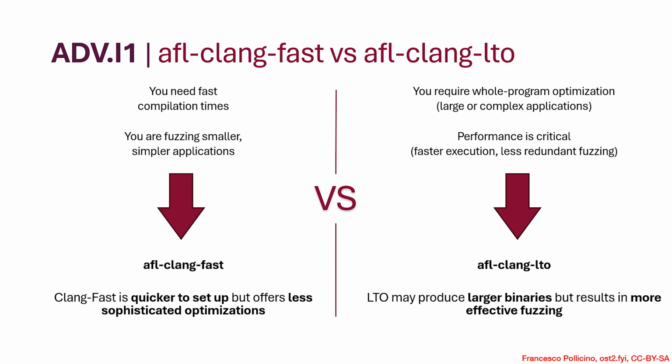In this slide, you can see a quick overview that can help you to choose the right option. Do you need fast compilation times? Your target is not so complex? Go for afl-clang-fast. Do you want better fuzzing performance and your application is more complex? Go for afl-clang-lto.